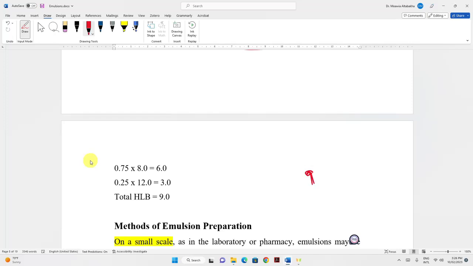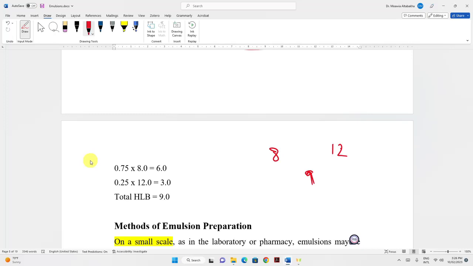I will put the 9, this is the required one, in the middle, and then above it on the left I will put the two surfactant HLB values. The smaller one will be here, 8, and the larger one will be here, 12. So this is what I'm going to do. 8, 12, 9, with 9 in the middle. See, 9 must be in the middle.